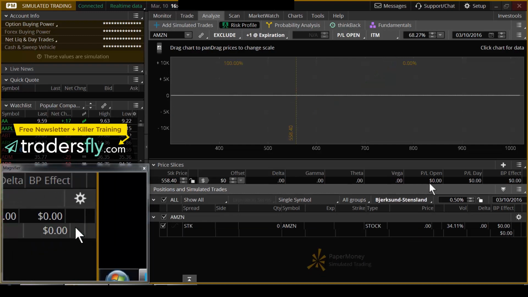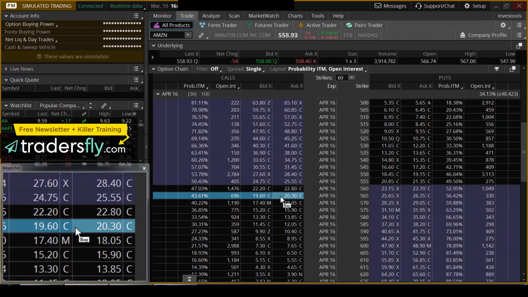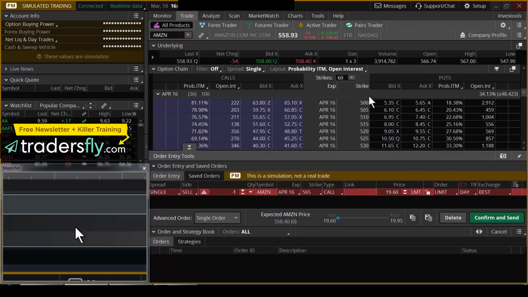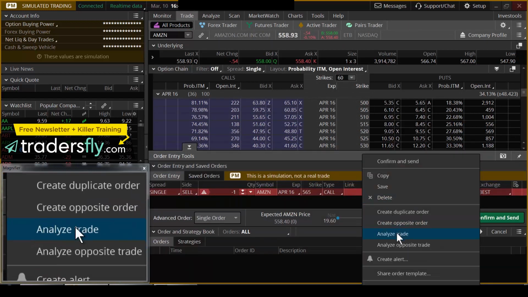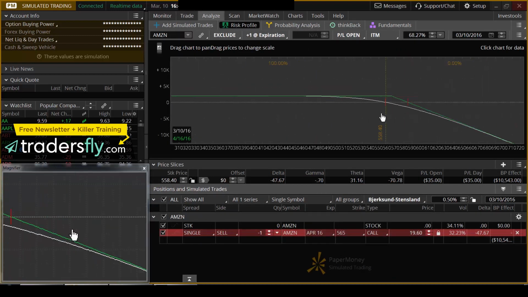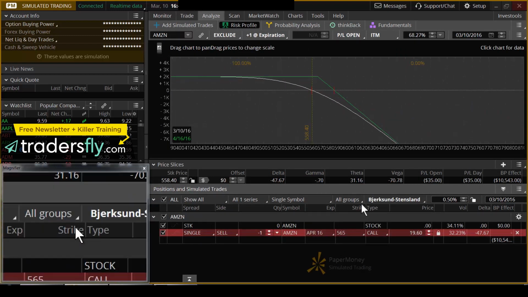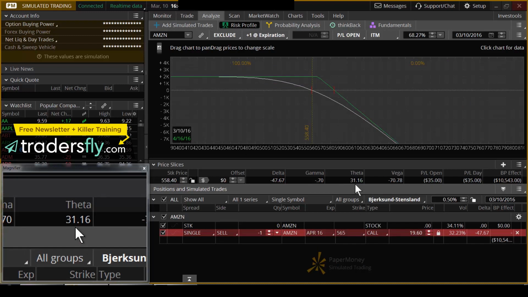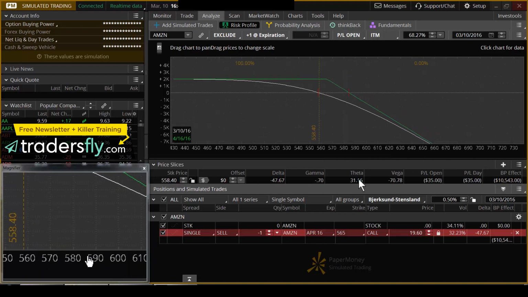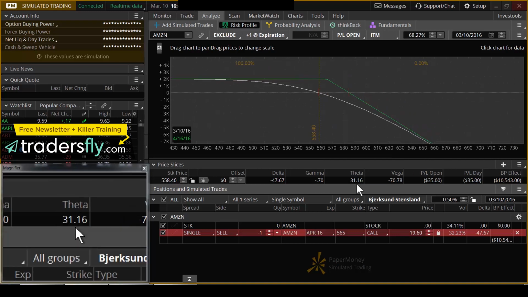But the reality is if you sell option premium, so let's just go ahead and sell one and see what happens. As I go to sell a single and I analyze this trade, you can see that when I sell an option at, let's say, $565, now every day I make $31 if the price of that stock stands still. And that is because of that time decay, because you've sold something.